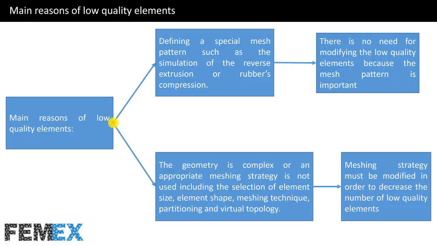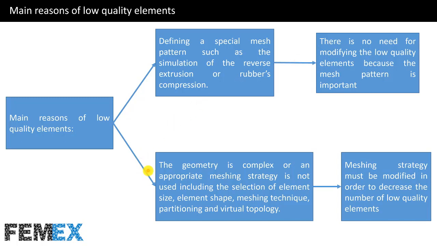Now I want to talk about the main reasons of low quality elements. Low quality elements can have two main reasons. The first one is defining a special mesh pattern, such as the simulation of reverse extrusion or Roberts compression. In this case, there is no need for modifying the low quality elements because the mesh pattern is important.